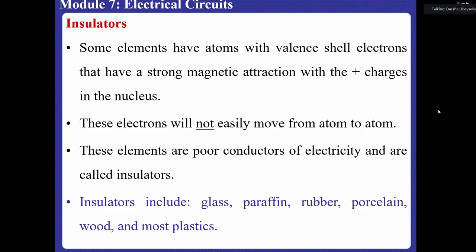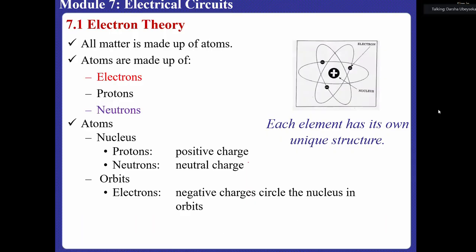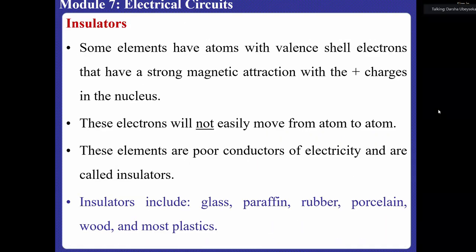Okay. So here this is a little bit about the insulators and then conductors. Insulators: some elements have atoms with valence shell electrons that have the strongest magnetic attraction with the positive charge in the nucleus.